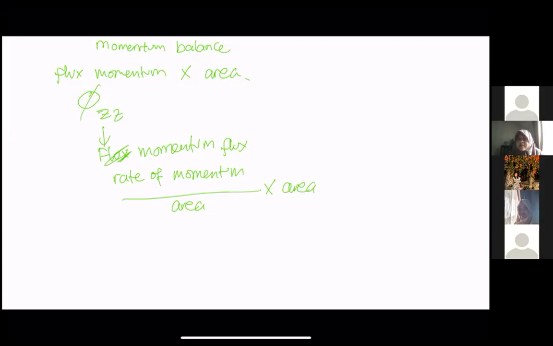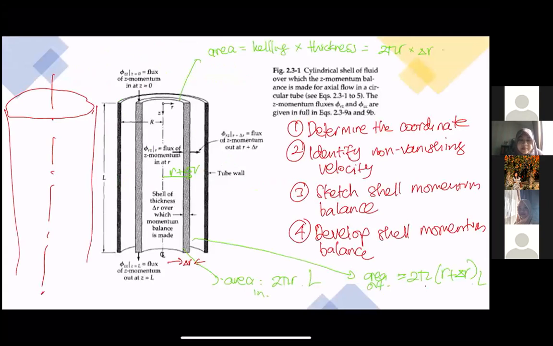I have another question. Yes, Fatia. From the previous slide, to calculate the area, shouldn't we multiply the circumference by 2, Ibu? Because there are 2 circles, right? At the top of the cylinder and the bottom. Oh, yeah, because it is multiplication, so it's not addition.